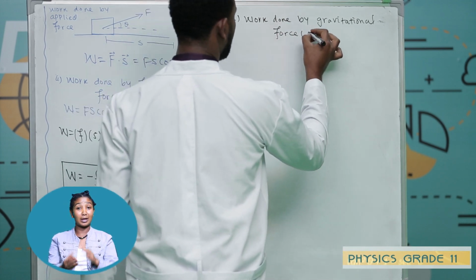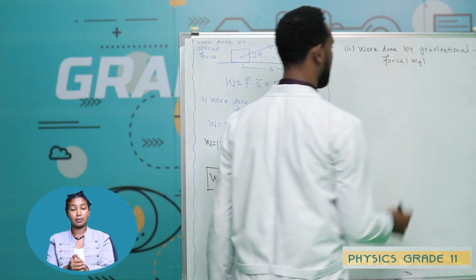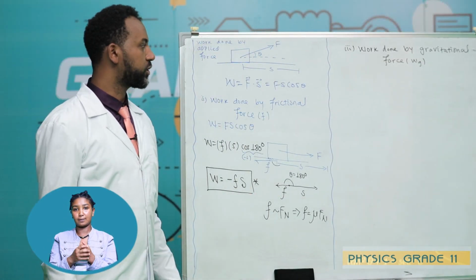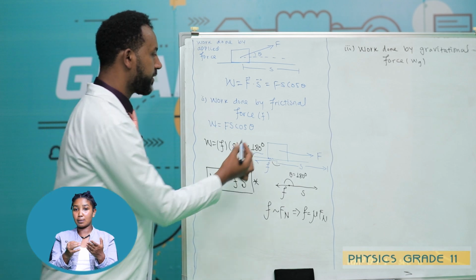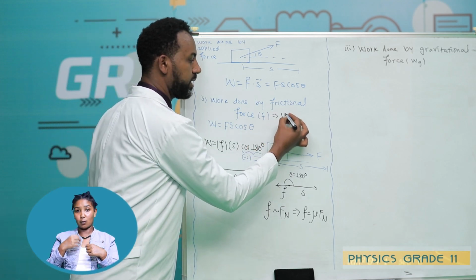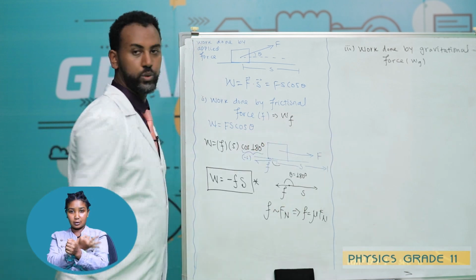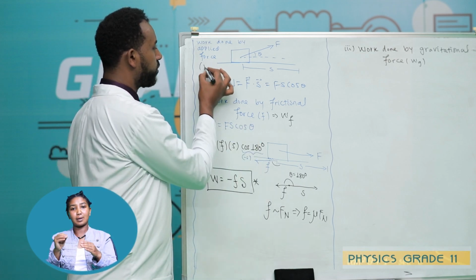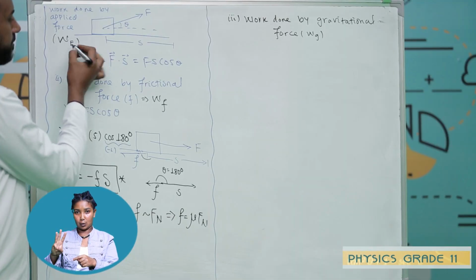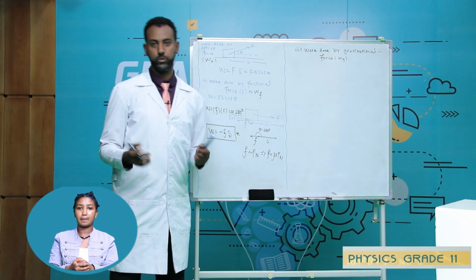Work done by gravity, like this. We can use such subscripts to distinguish: work done by frictional force, and work done by the applied force as W and F. We can put it to distinguish.